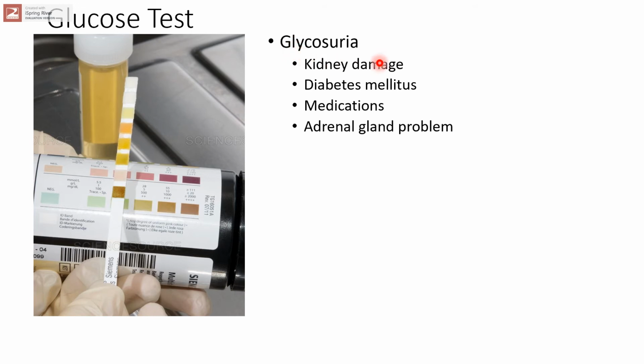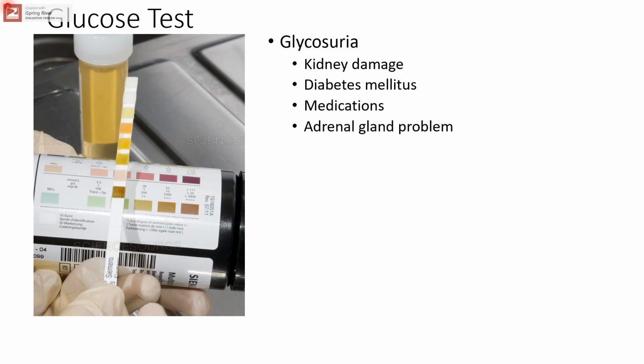And that can be due to kidney damage, conditions like diabetes mellitus, the presence of certain medications, or adrenal gland issues. All of these can contribute to the presence of glucose in the urine. And even pregnancy sometimes can cause gestational diabetes, and that's why this is tested for in pregnant women. Why is it important to check glucose in pregnant women?